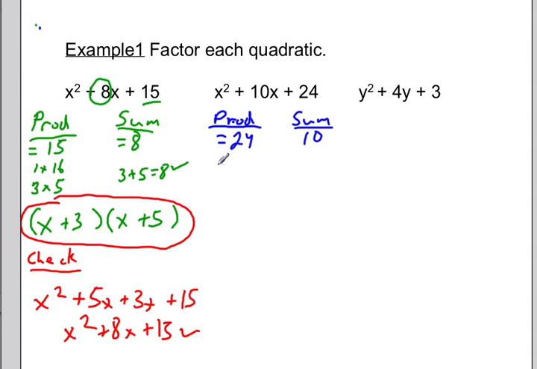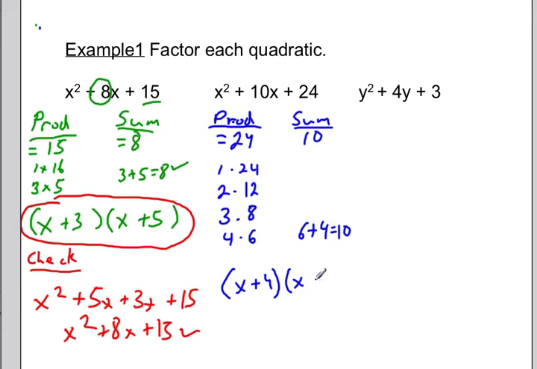So let's try a few numbers. 1 times 24 is obviously not going to work. 2 times 12 will not add to give you 10. 3 times 8 doesn't work. 4 times 6, now those do add to give you 10. So we're going to use 4 and 6. Those are our numbers. So x plus 4 times x plus 6 is your answer.